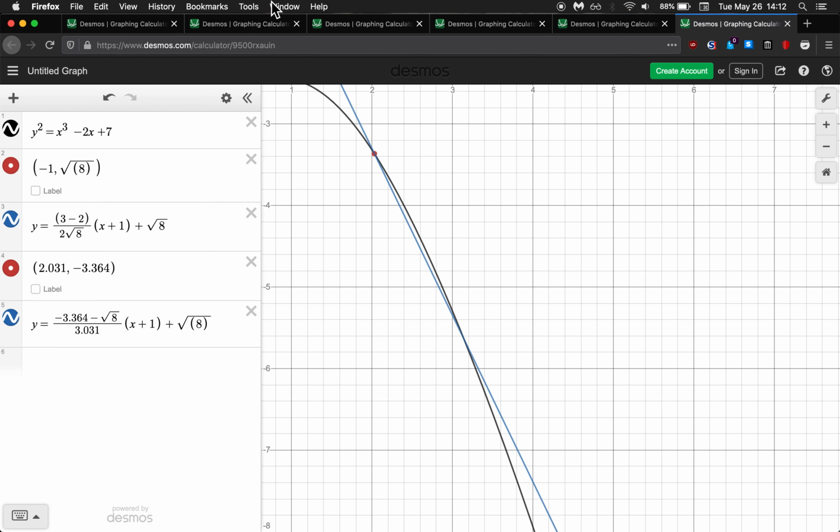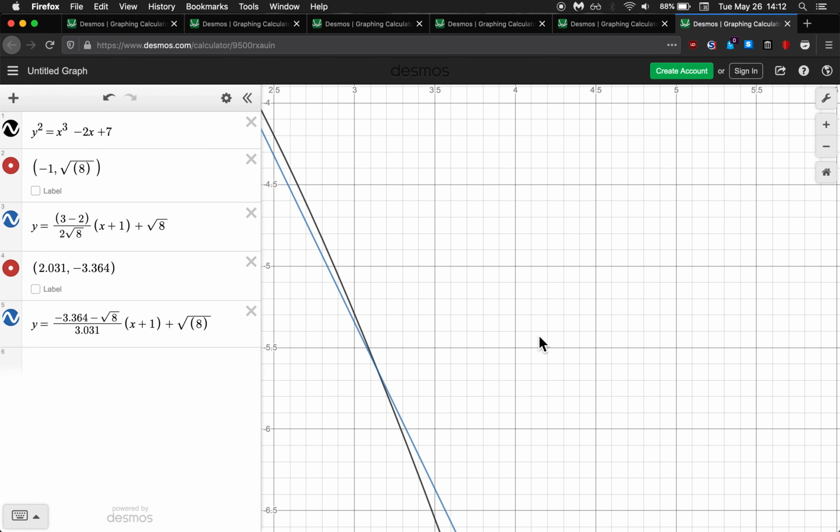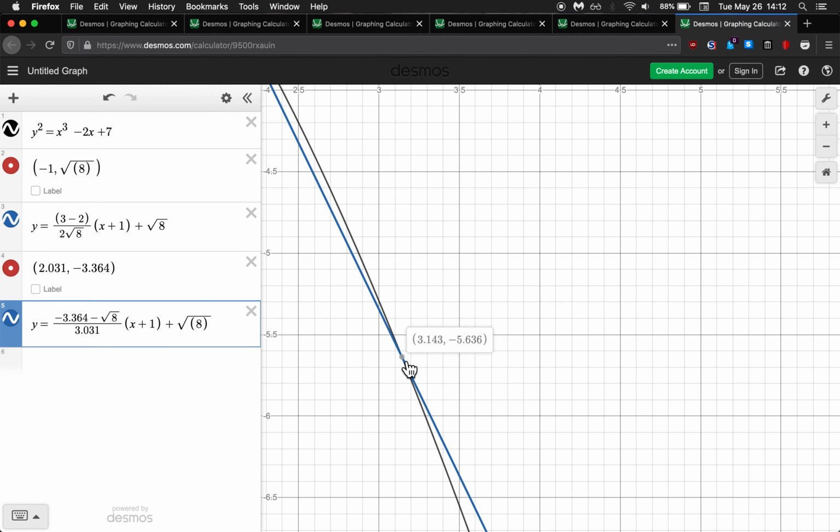So P, which is now off of my screen, plus 2P, plus whatever this point is, I'll call it R. They make the identity. There I can see it a little bit better. So it has coordinates 3.143 and negative 5.636.